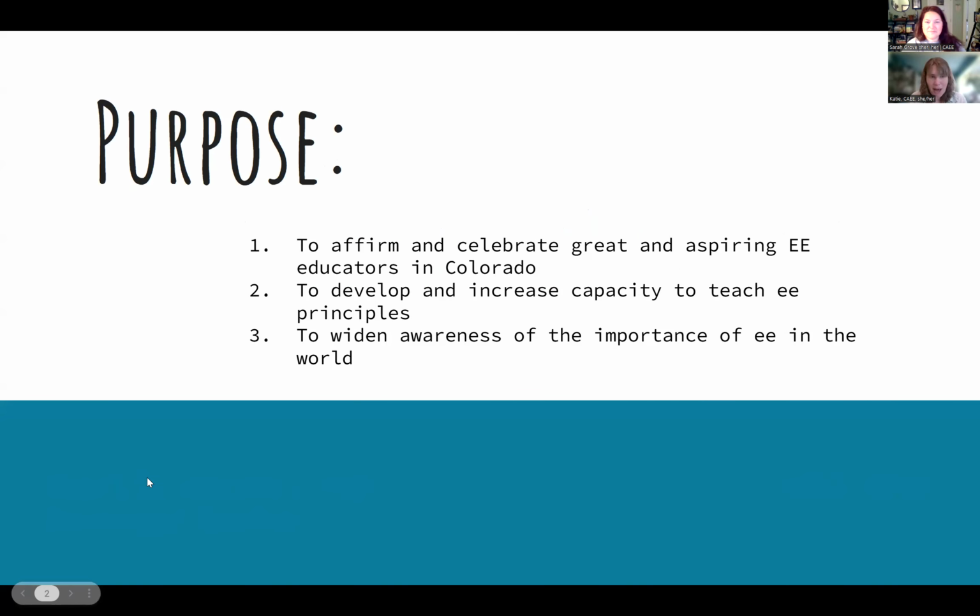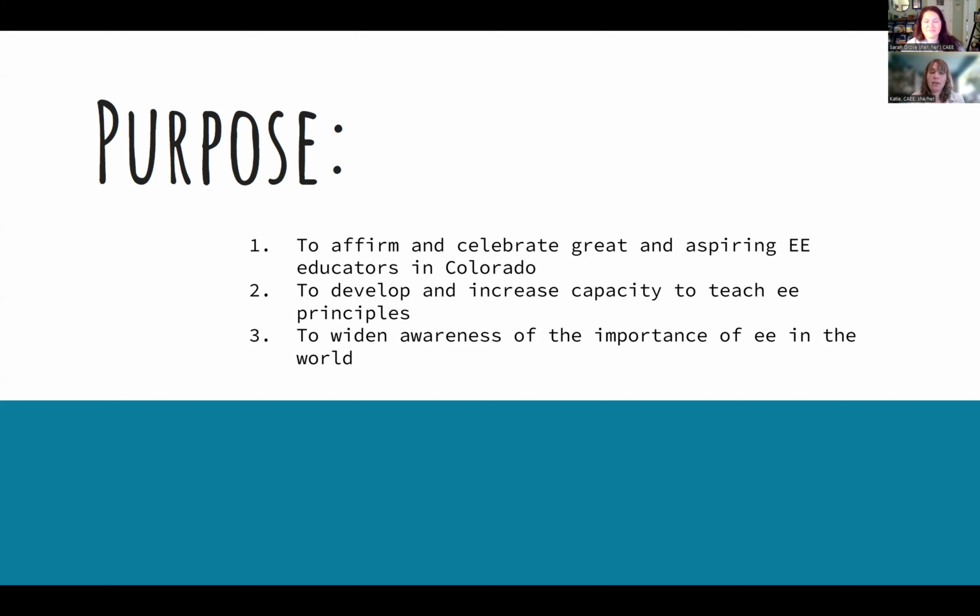As you probably know, you may be here just to refresh, or you may be here to learn the process from the beginning. So hopefully this is helpful. You may know that the goals of the certification program are to really affirm and celebrate our environmental educators in Colorado and the skills that they have, and give public recognition to that.